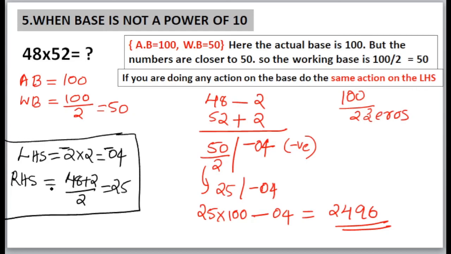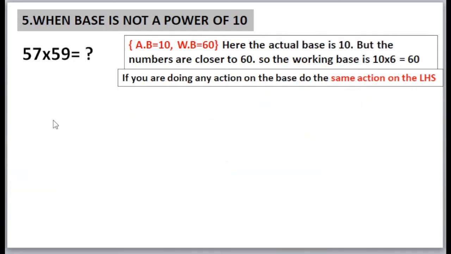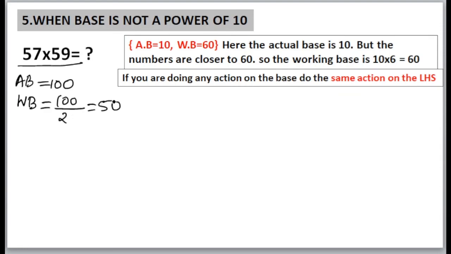So next is 57 into 59. Both are nearer to 100. So actual base is 100, but the working base is 100 by 2, because 57 and 59 are nearer to 50. So 57 is 7 greater than 50 and 59 is 9 greater than 50.